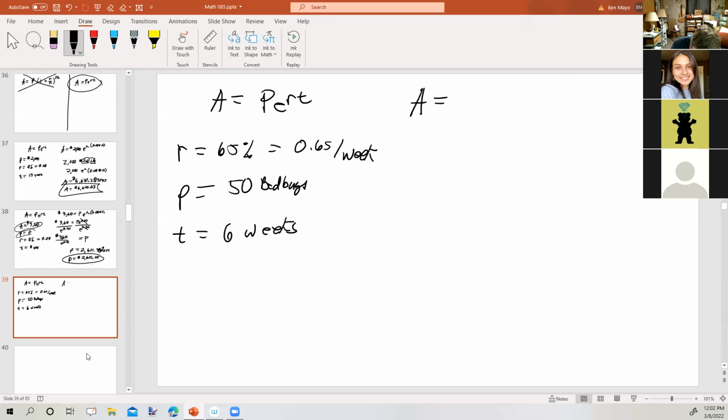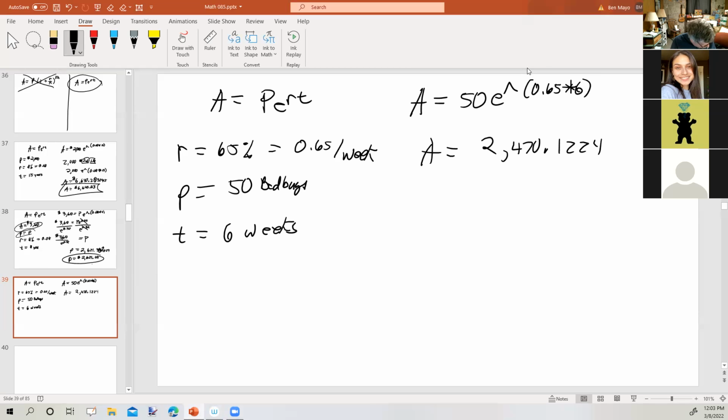So A equals 50 times e to the 0.65 times 6 power. So that's 50 e to the 0.65 times 6, close it up, equals 2,470.1224.